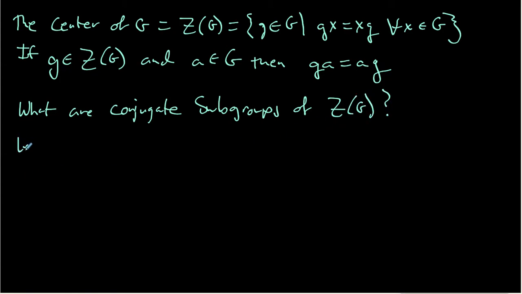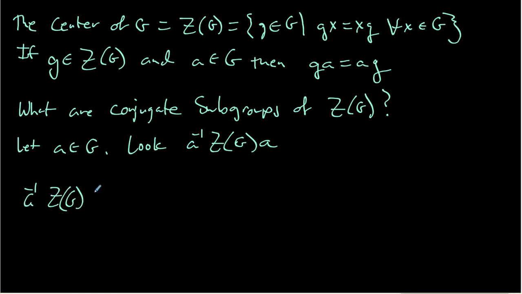Well, let's just let a be some element of G. And what I want to do is look at the conjugate subgroup a inverse times the center of G times a. Well, what set is that going to be? Let's think about this. I'm going to just put some question marks there.